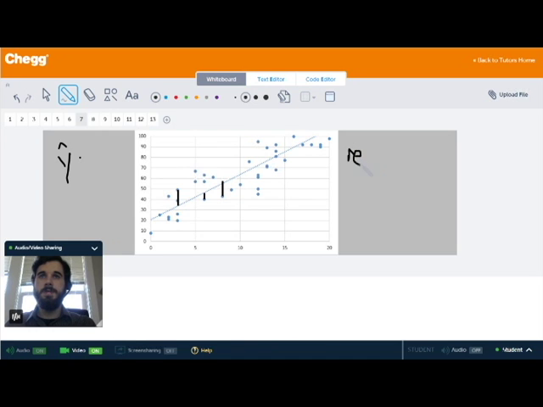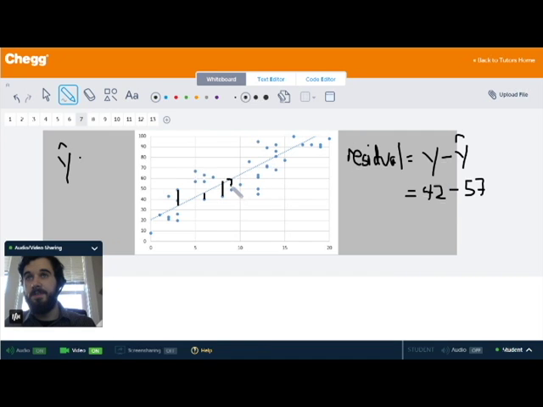So the residual is y minus y hat, where y is the actual value and y hat is our predicted value. So for this point, our y looks like it's about 42 minus our y hat is probably 57.